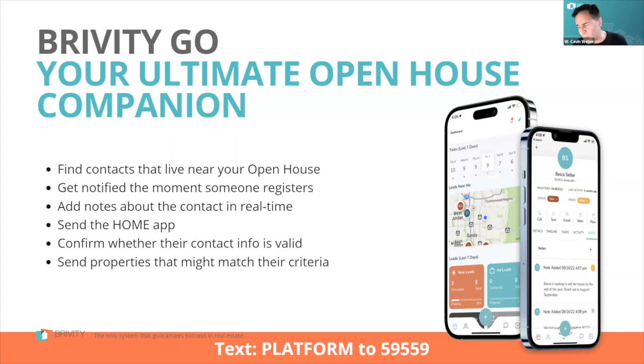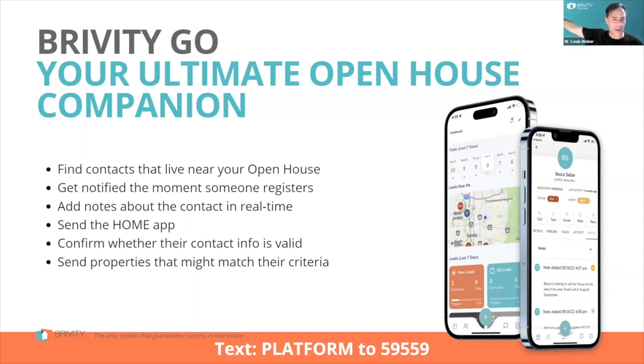But when you have your mobile device, what happens when we get a notification? If we have Brivity Go notifications set and we're notified every time a new contact comes in, then our phone's going to buzz, beep, ding. Now we're notified we just got a new lead.